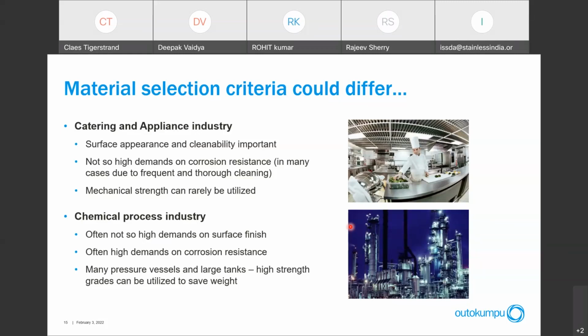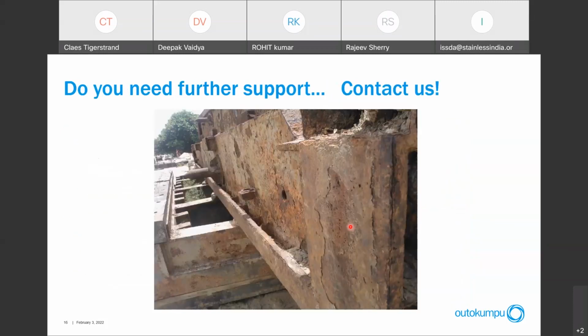And for large vessels, you can in many cases also utilize a higher mechanical strength to reduce the material consumption. If you need further support, it's available on our website. Of course, you can contact our local sales reps, like Deepak, with a lot of knowledge, and he can guide you, and we can get further support from our global expert functions for the material selection.